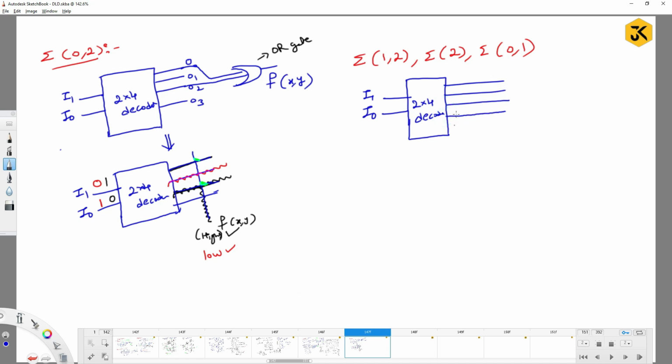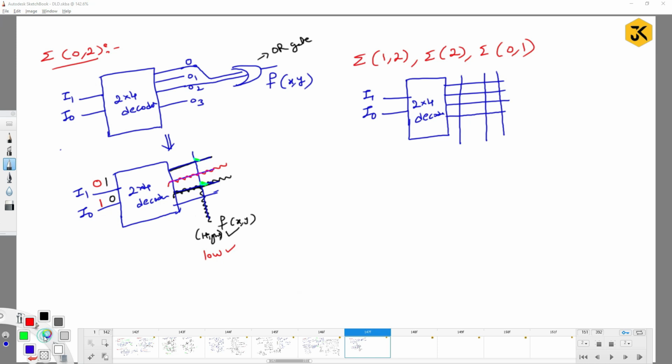You can draw the circuit diagram for this, right? So I am going to take simply 1 comma 2 and make it with an OR gate, right? Instead of that, can I take one vertical line and another vertical line, which is meant for another function?